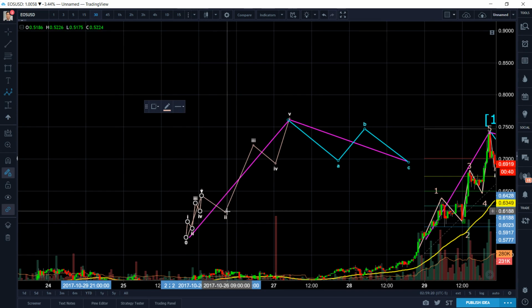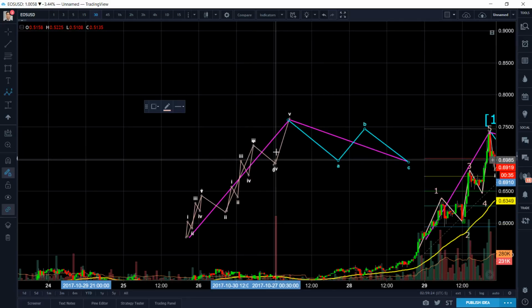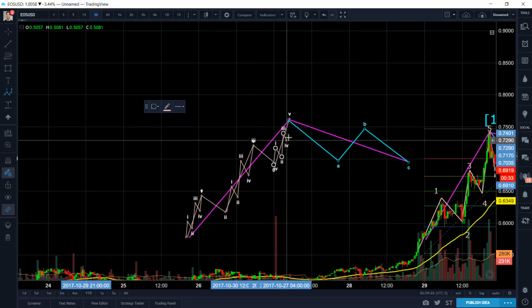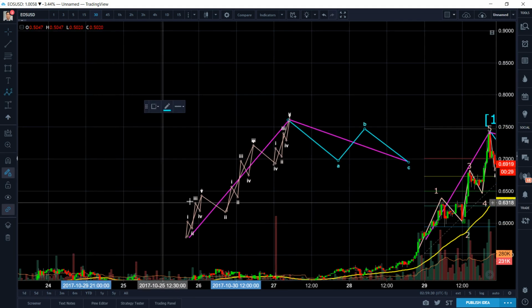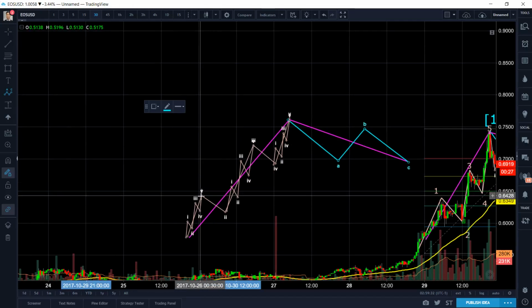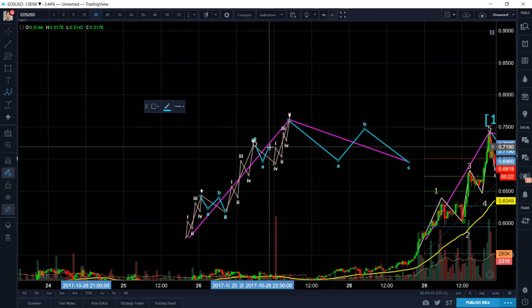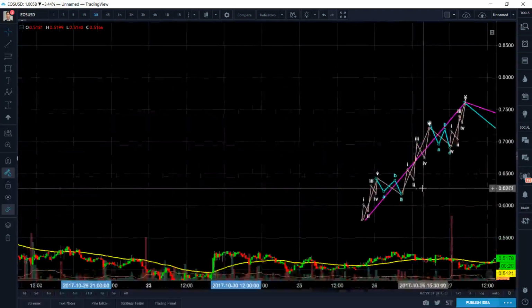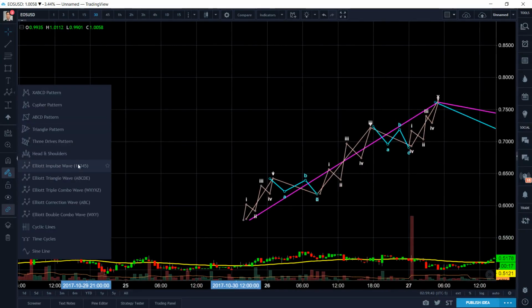And you might even have 5 waves like this inside of these ones. And then you still have your ABC correction like this. You have your A, B, and C, and then you have your A, B, C. And sometimes inside of all of these waves, you can also have 5 waves as well.